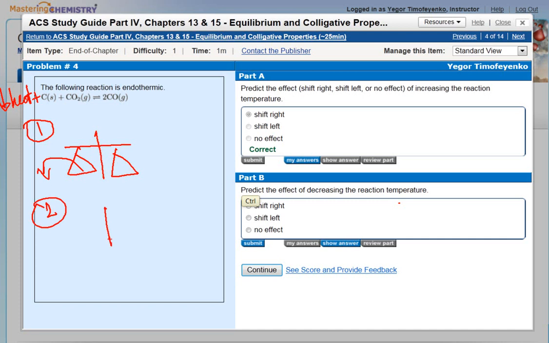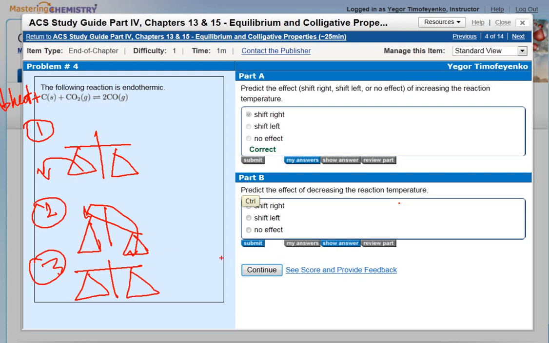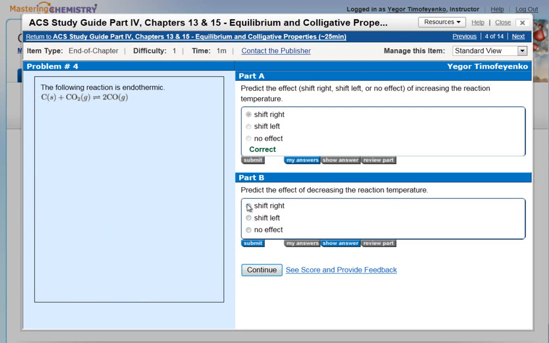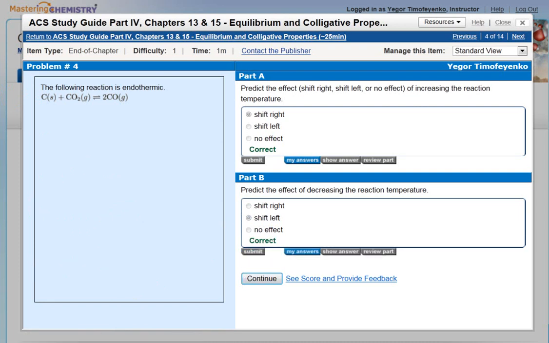Therefore, our balance is going to change. We're going to have to take some of this and move it over to the left side to restore the balance. And therefore, we say that the reaction will move to the left, from right to left, towards the reactant side. So shift to the left. That's correct.